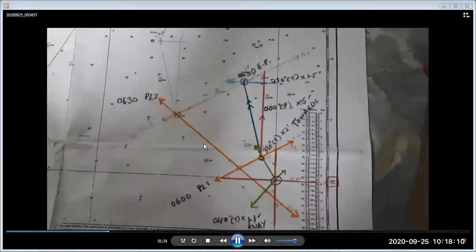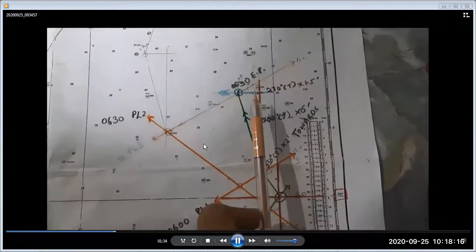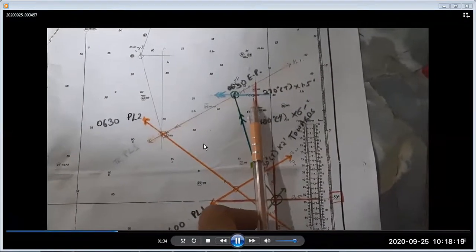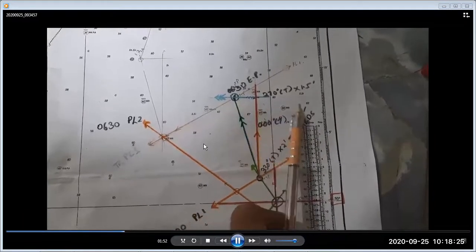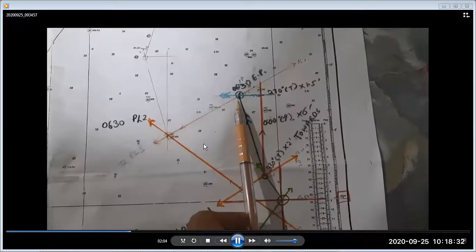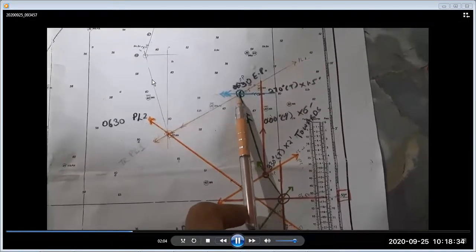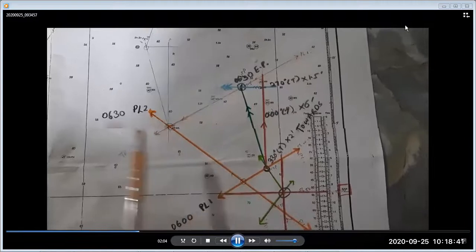So this is course 000 for 6 miles, you can see, because for half an hour we have to get up to 0630. Then from here we plot the current, which is given 270 at 3 knots. So for half an hour, 270 for 1.5 miles. Wherever it cuts, that is our 0630 estimated position. From this position we have to transfer the first position line, and wherever it cuts the second PL, that will be our position.